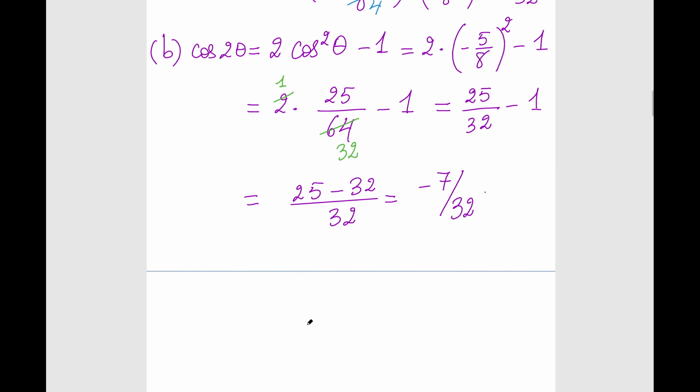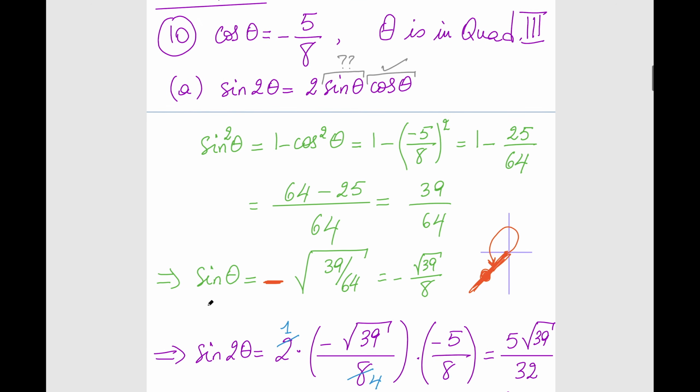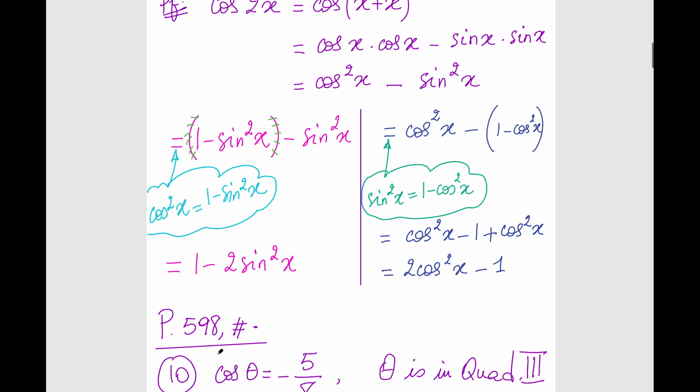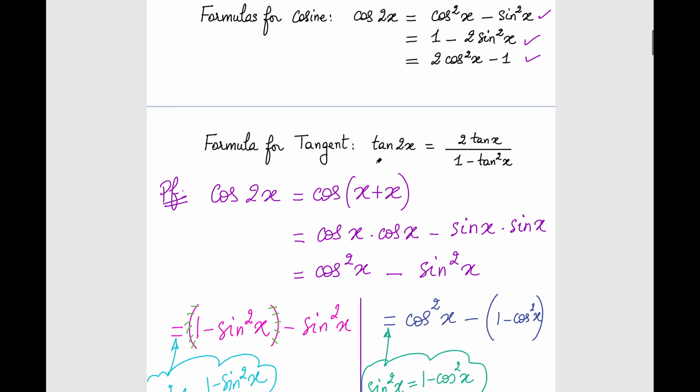And lastly, part C: we need tangent of 2 theta. Let's revisit the equation that relates tangent 2 theta to a trig function acting on 1 times theta, and this is the recipe: 2 times tangent theta divided by 1 minus tangent squared theta.